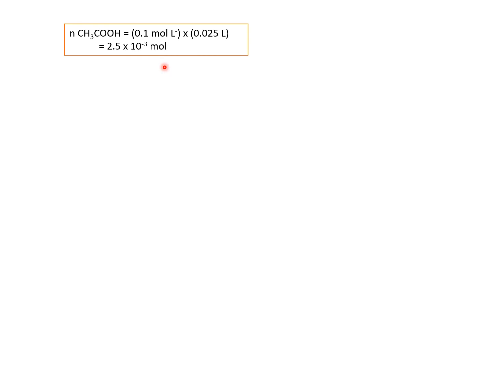And this is a reminder, tak kisah in which part of the calculation later, katakan dia minta pula calculation selepas equivalent point. Okay, after the equivalence point, the initial number of mole of acid will still be this point. Maksudnya apa?